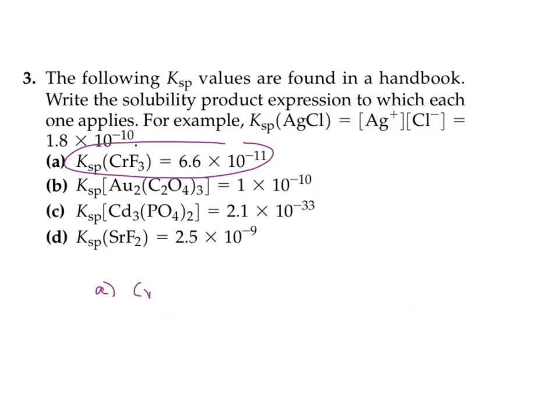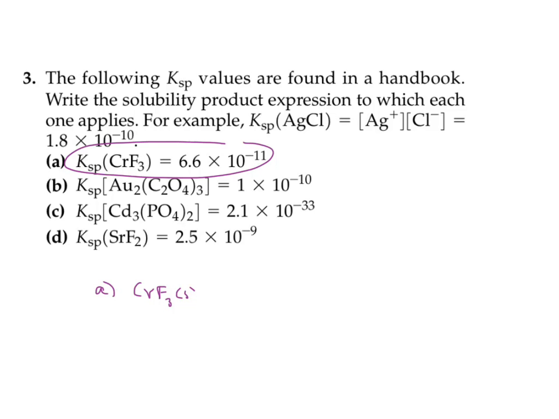And then the last one, the following Ksp values are given to you, and you're supposed to write the solubility product constant expression to which these apply. The wording seems kind of strange to me. So they give you an example for silver chloride, but if we look at chromium 3 fluoride, this is what I would like to see you do.